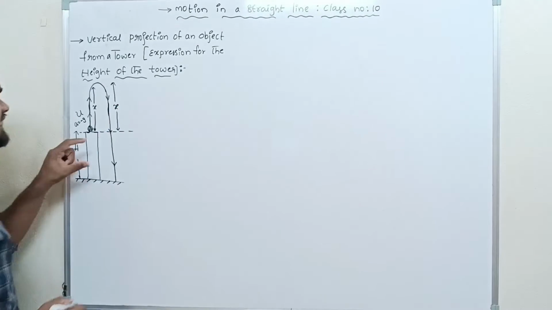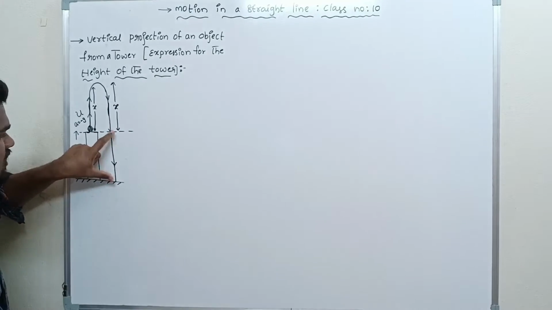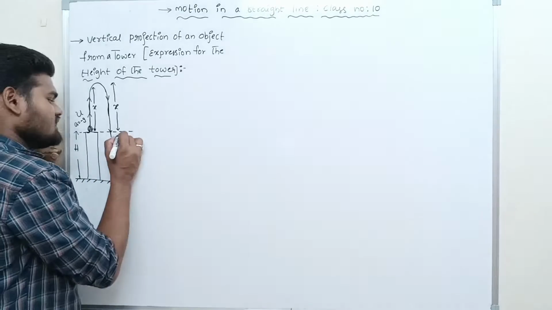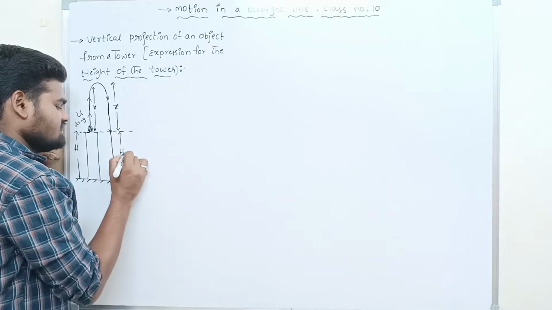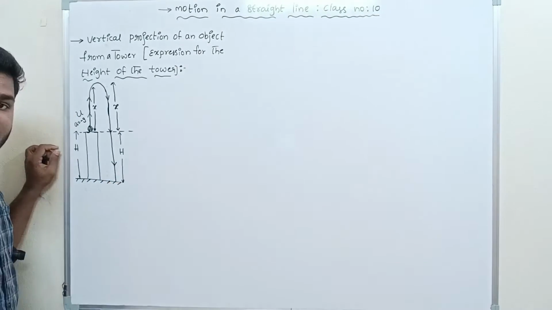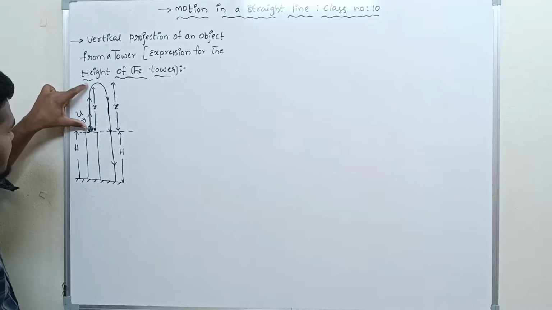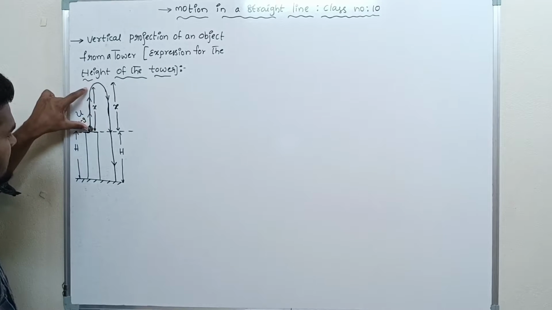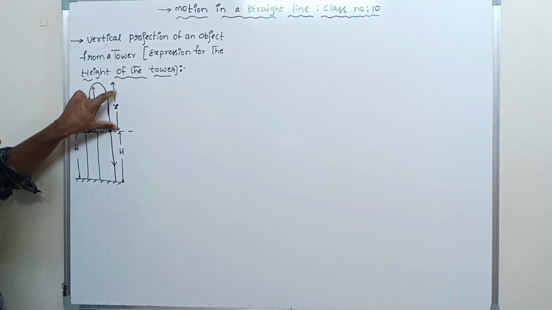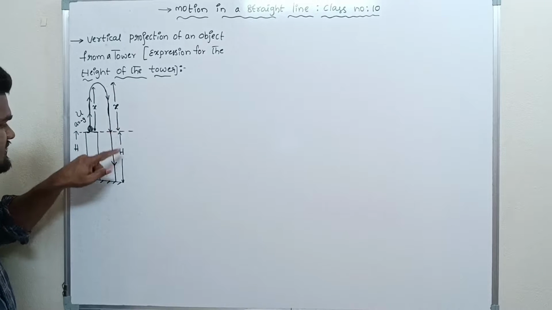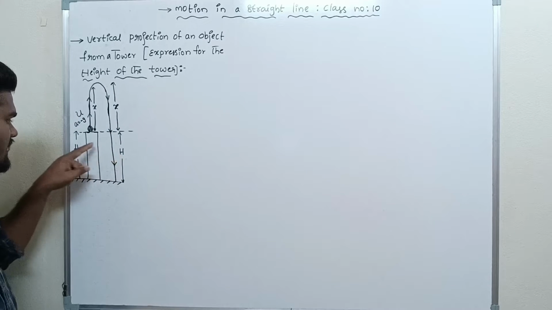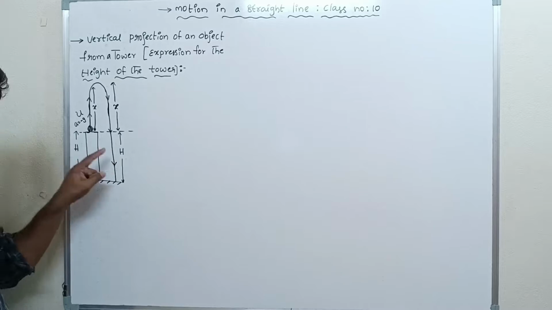After this, the distance traveled by the object, or the displacement of the object, is H, which is equal to the height of the tower.